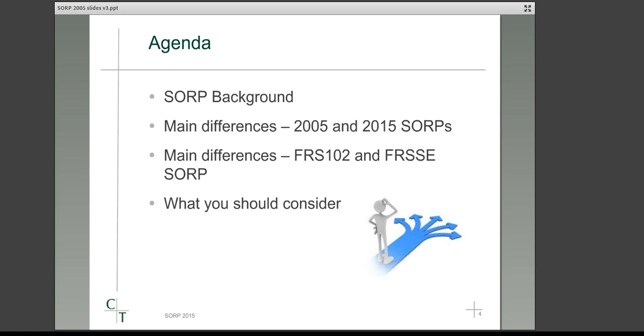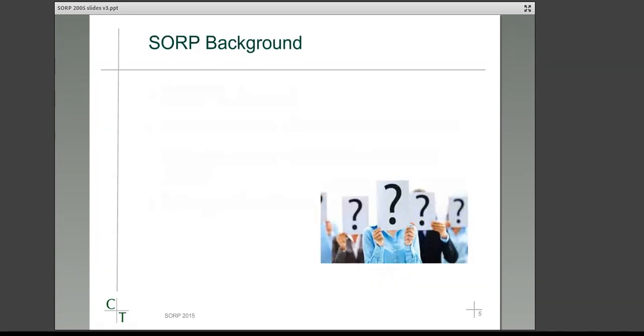To begin with the background to the SORP, the accounting within the UK is what's known as UK Generally Accepted Accounting Practice, UK GAAP. Now this applies to all organisations in the UK preparing financial reports, not just charities.